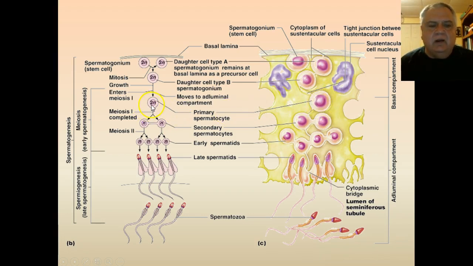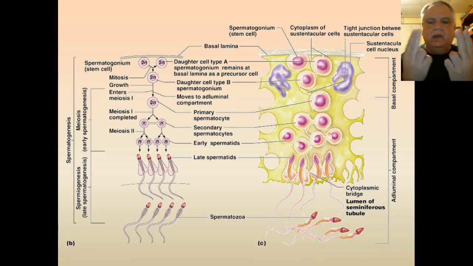That primary spermatocyte will then undergo first meiotic division. This first meiotic division of the primary spermatocyte will result in secondary spermatocytes. The reason why the number is reduced by half is because each of the two duplicated chromosomes are going to be pulled apart, not a single chromosome.